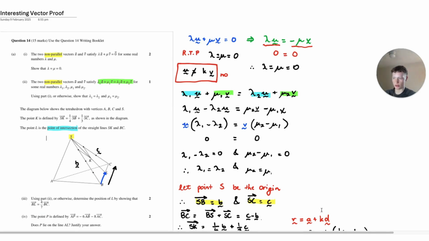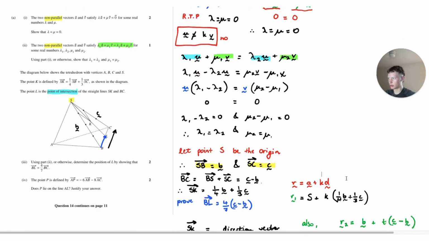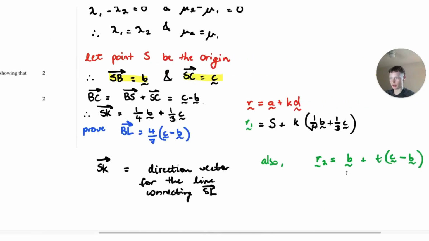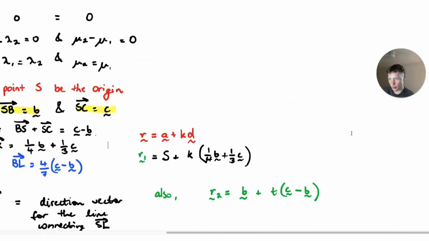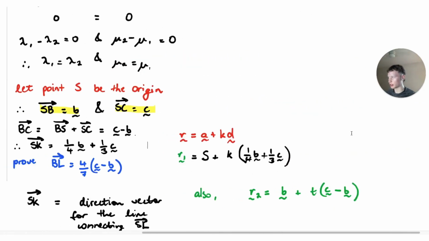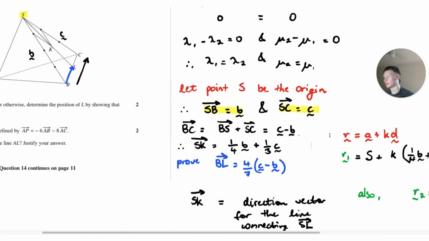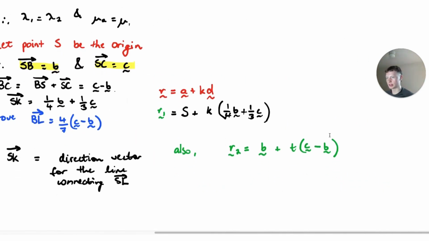And so we can use our two lines to determine the exact position of L. Now, because we made S the origin, we can assume that the position vector S here is actually just 0, 0. So we can say R1 equals just K outside of a quarter B plus a third C.